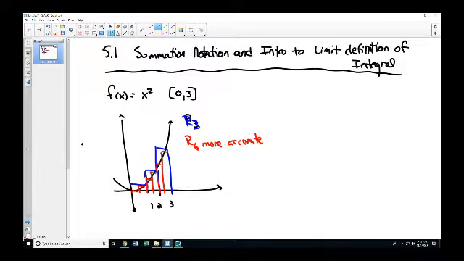So what you're seeing is, if we had the integral from 0 to 3, it's the limit as n approaches infinity of R sub n. It's the right-handed Riemann sum with an infinite number of subintervals.